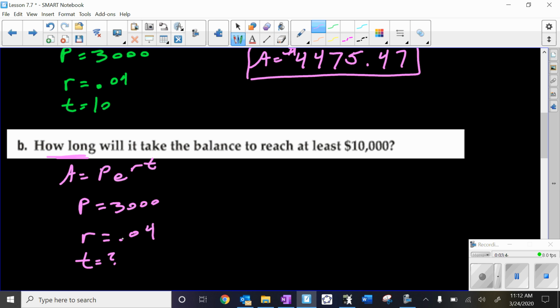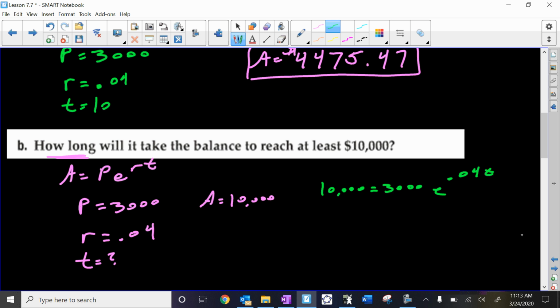That's what I'm solving for, which means that A should be 10,000. If I plug that in, now I've got 10,000 equals 3,000 e to the 0.04t.